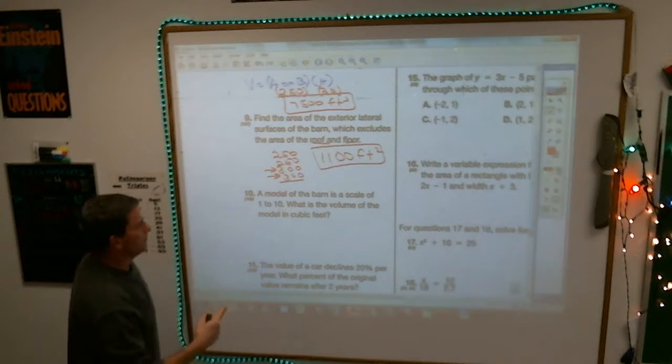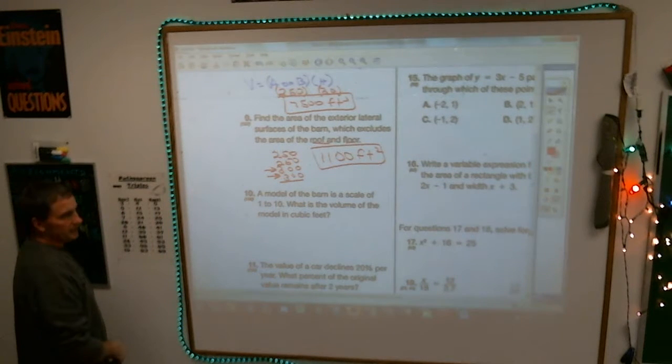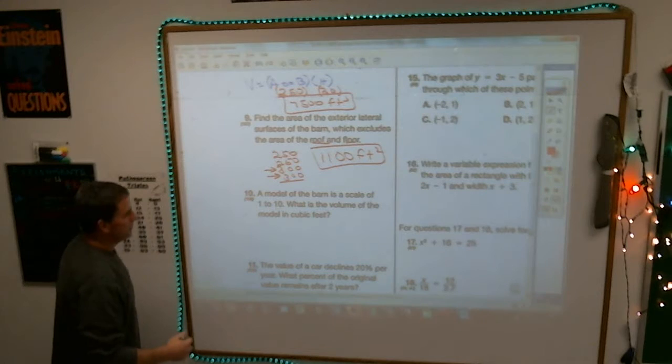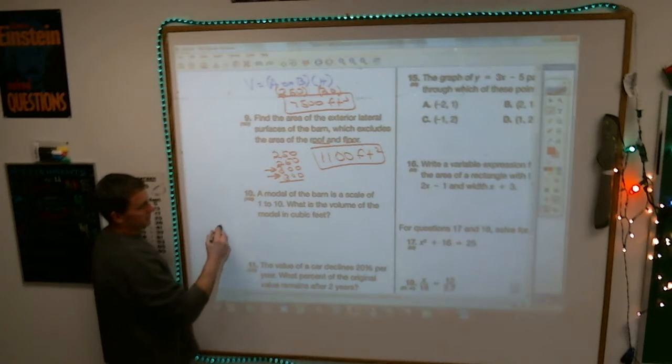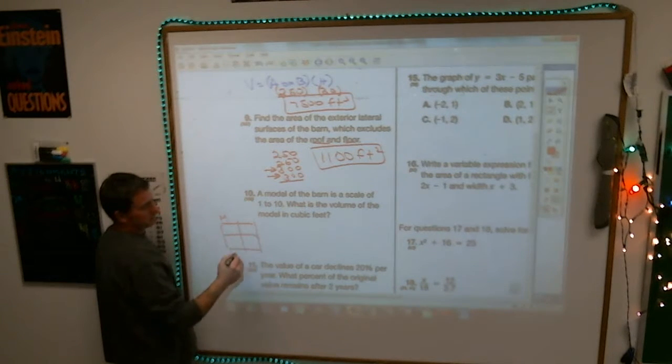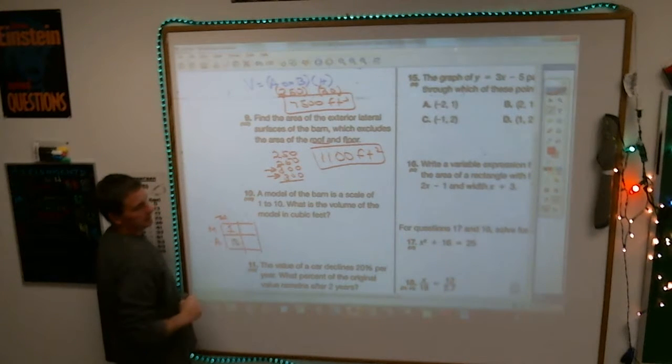Number 10, a model of the barn is a scale 1 to 10. What is the volume of the model? And this probably is the best way to do this. On your model, there's model to actual. Model is 1, actual is 10.